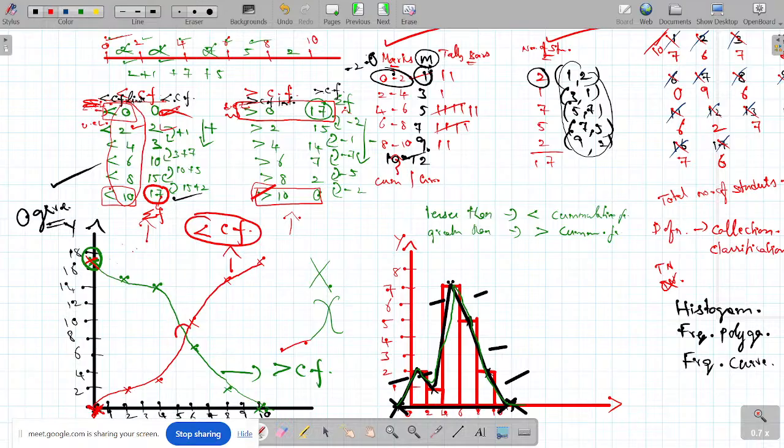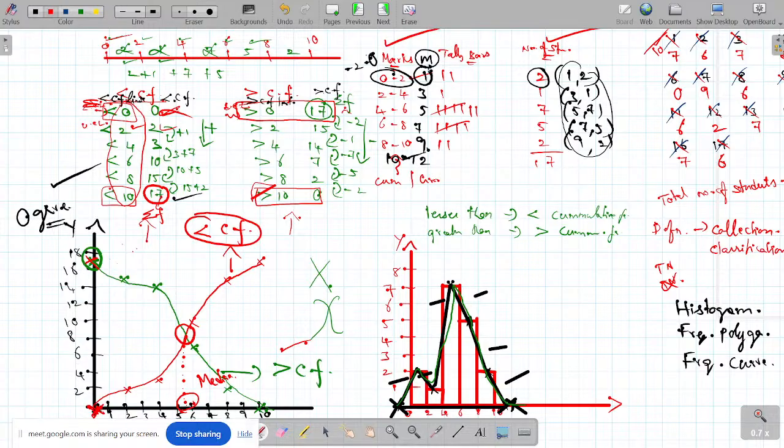And the point where it meets, if I draw a perpendicular line to the x-axis, we'll get the value called the median value. The intersection of the two ogive curves is the median value. Don't worry about the terms mean, median, mode, because we'll be discussing all those in the next topic. So this is about less than CF and greater than CF.